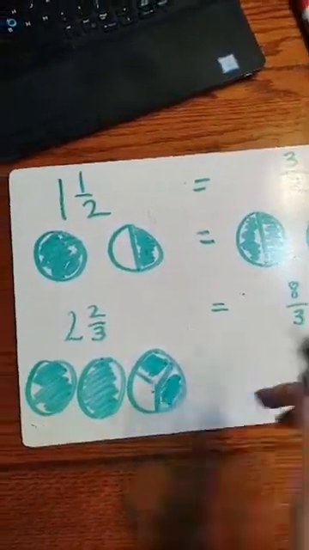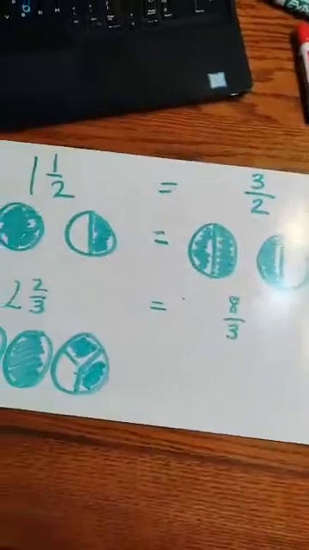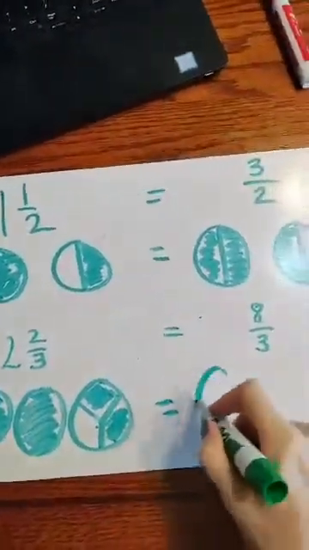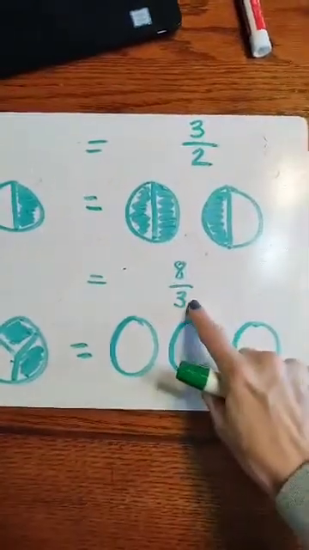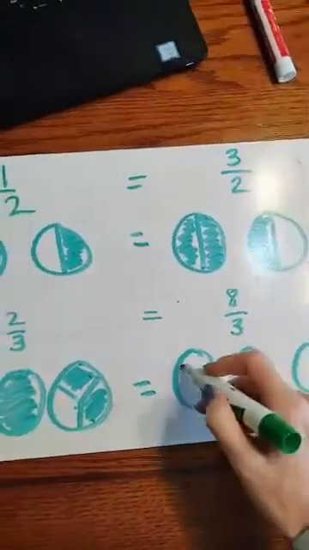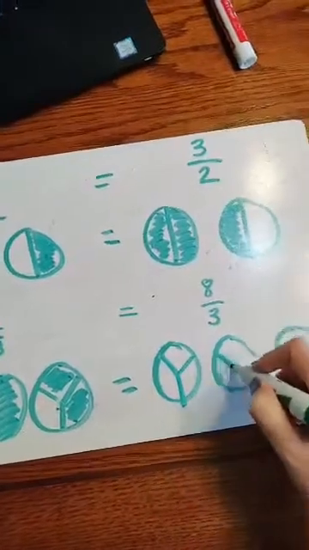All right. Now I said these are equal, so I know over here I'm going to have 3 circles again. But this time, since I only have a fraction, I need each one divided into 3 pieces.